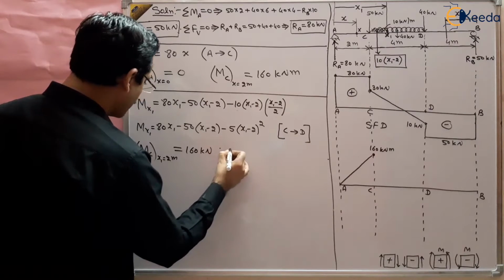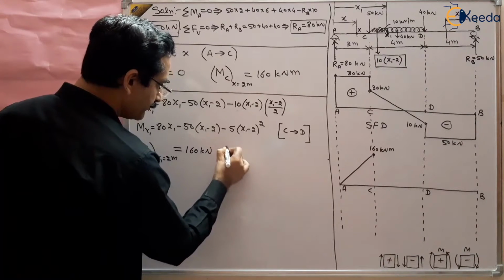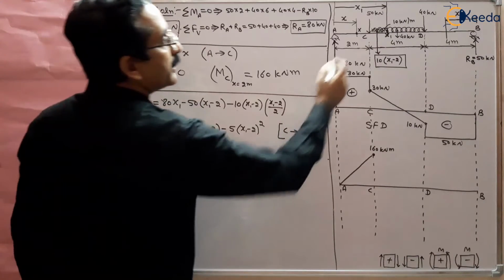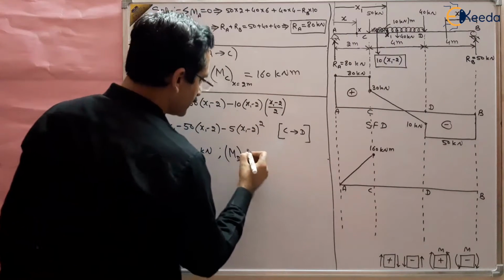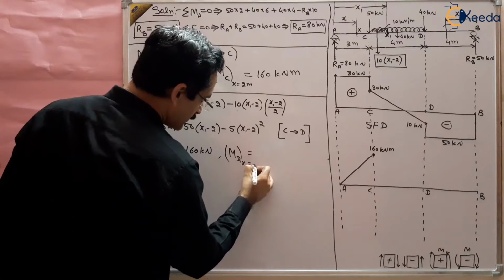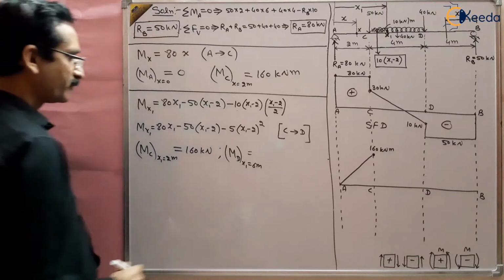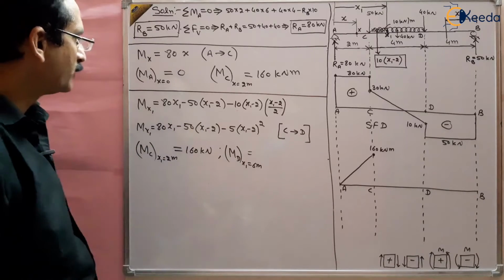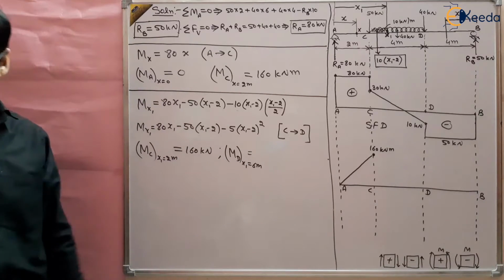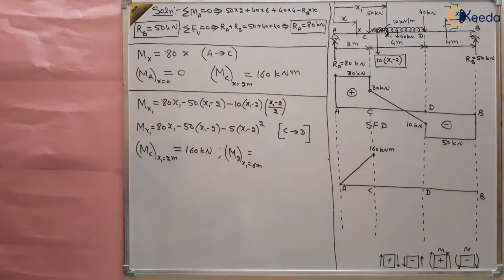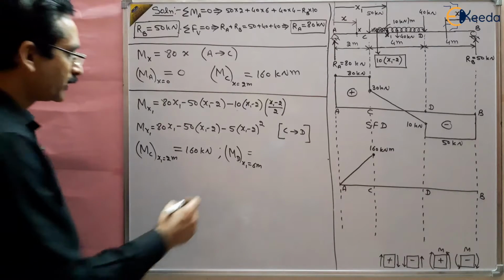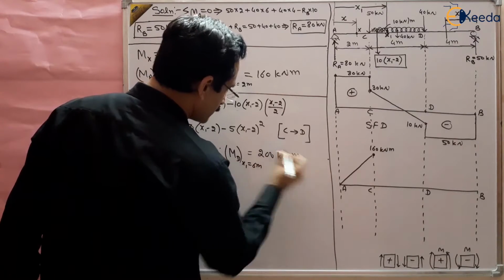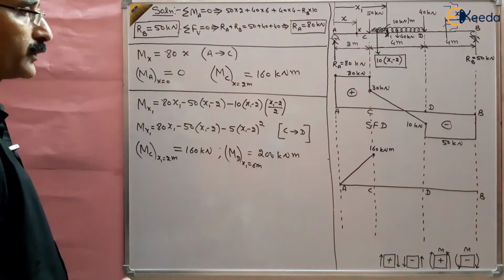And what is the value at D, MD, at x1 equal to 2 plus 4, 6 meters? So what is the value when x1 is equal to 6? Put here 6, use a calculator and you will get the value as 200 kilonewton meter, right?